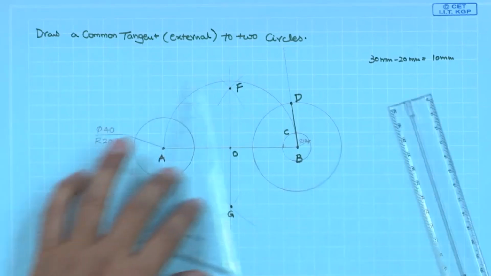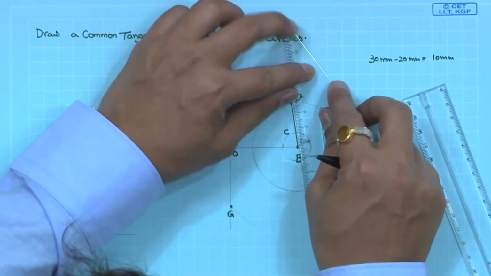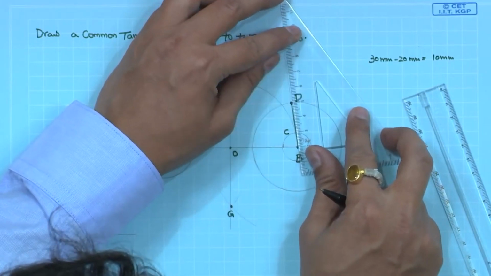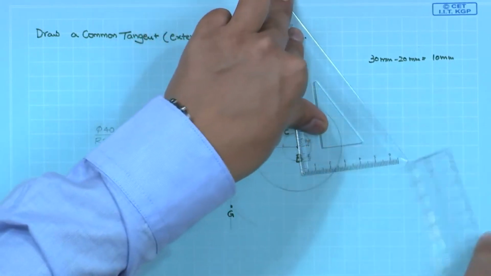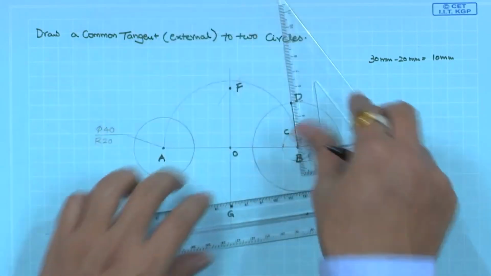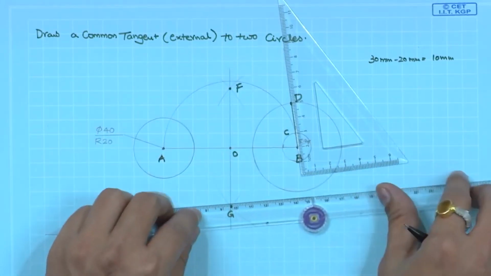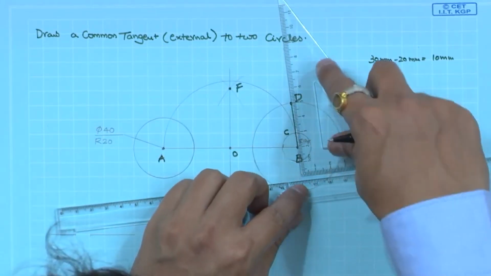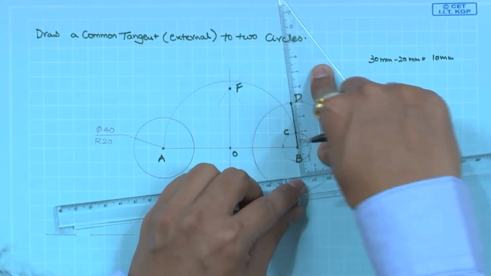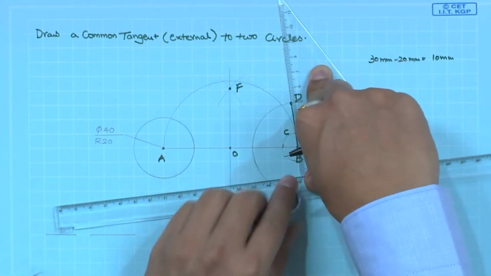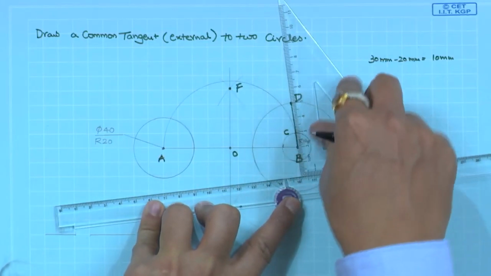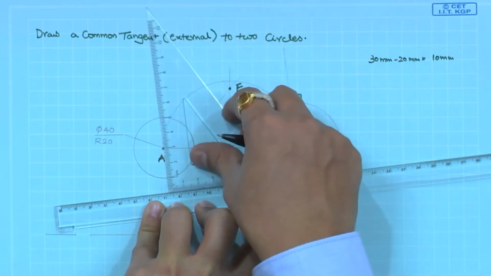So, let us do that. Let us put this set square there and use our scale. One way is we can use a roller scale, based on that one can use, otherwise use your set square.